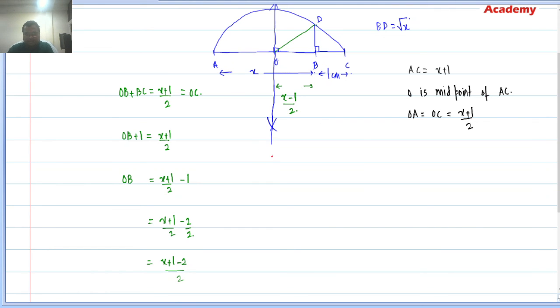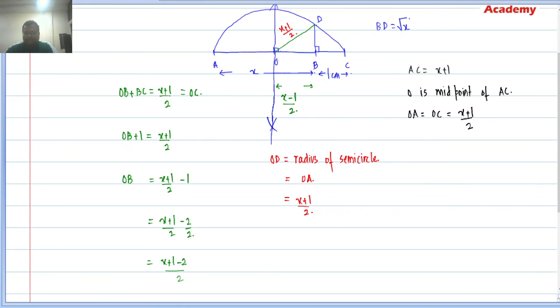OD is the radius of the semicircle. But radius of semicircle was OA. And OA is x plus 1 upon 2. So OD is x plus 1 upon 2. So I got hypotenuse as x plus 1 upon 2.